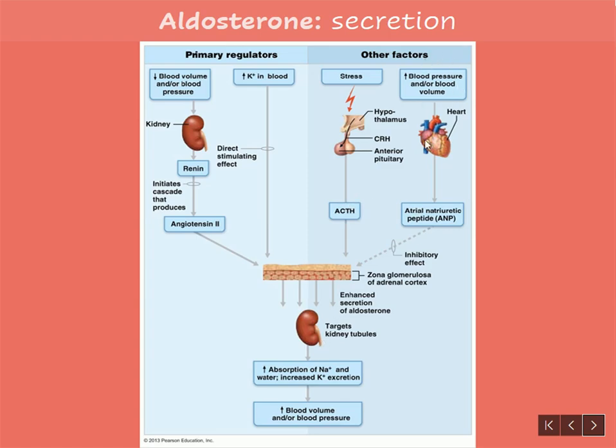And here we have our inhibiting factor. So opposite to the initial stimulus over here, when blood pressure is increased or blood volume is increased, the heart produces atrial natriuretic peptide or ANP, and this then inhibits the activity of the zona glomerulosa cells so that aldosterone is not secreted, and thereby aiming to decrease blood volume and blood pressure.